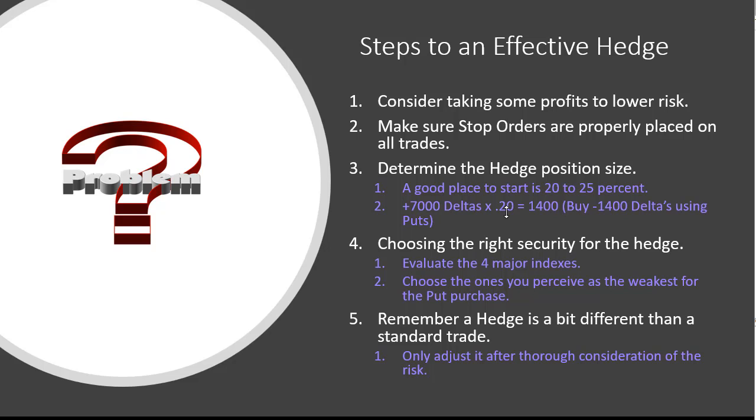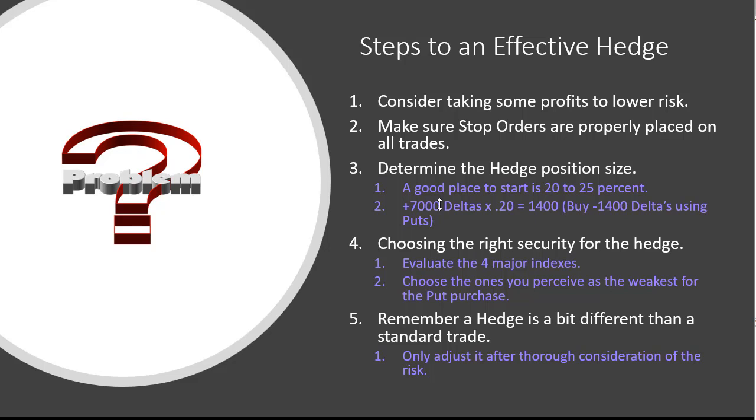So if that's IWM, I buy IWM puts. Okay, and I buy enough IWM puts to reduce my long deltas by 20% or 25%, whatever you prefer. So that means I would need to buy 1,400 negative deltas in puts. Okay, that reduces my long risk in the market by 20%.